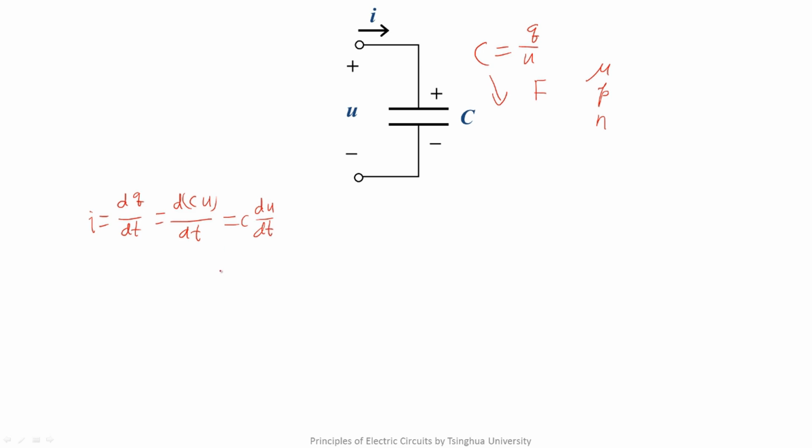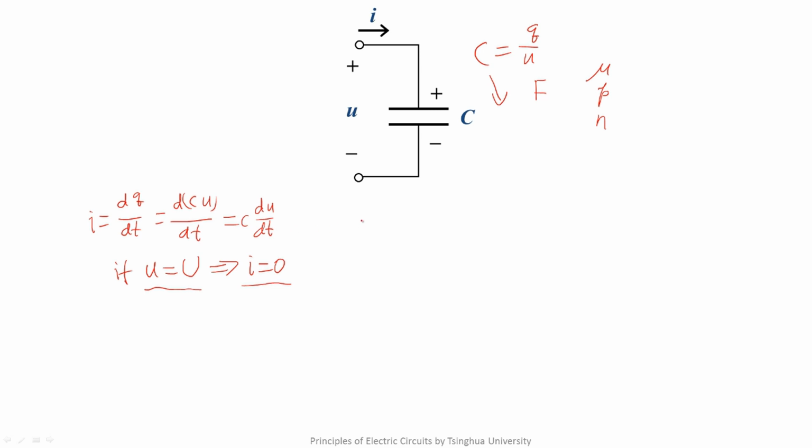If the capacitance is a constant value, this expression is the differential relationship between the voltage and current on the capacitor. By the expression, we can see that if the voltage is a constant value, the current must be zero. What does that mean? For a DC voltage, capacitors are equal to open circuits.